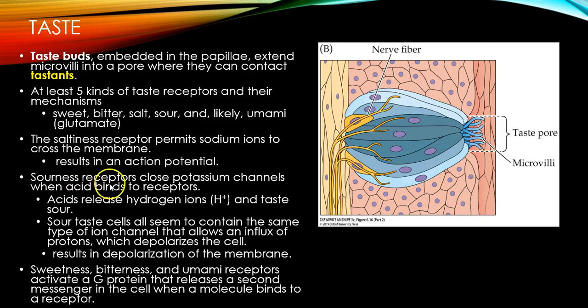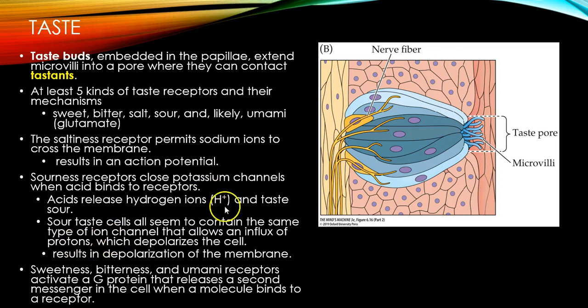Sourness receptors seem to close potassium channels when an acid binds to the receptors, and those acids release hydrogen ions. Hydrogen is positive, and that seems to be what allows us to taste that sour taste. The sour taste cells all seem to contain the same type of ion channel that allows an influx of protons.